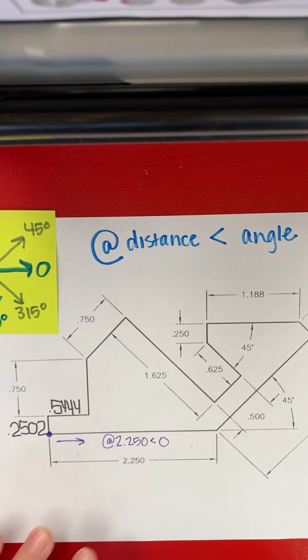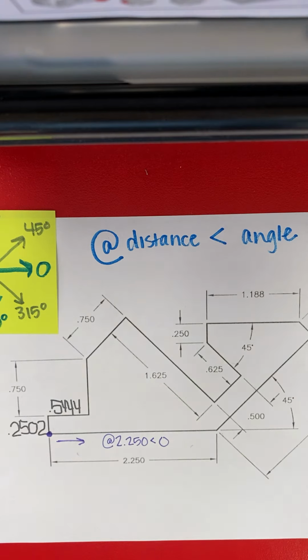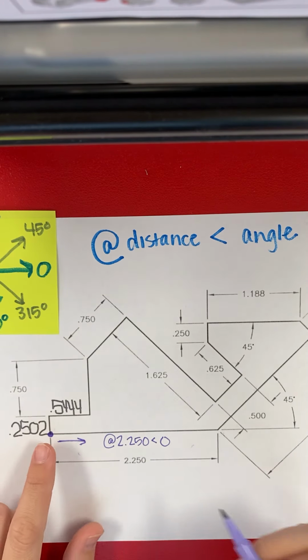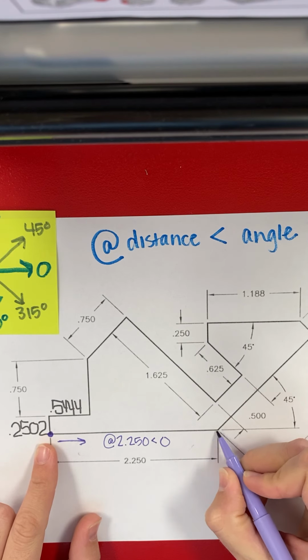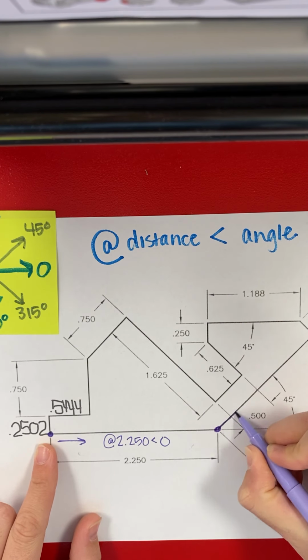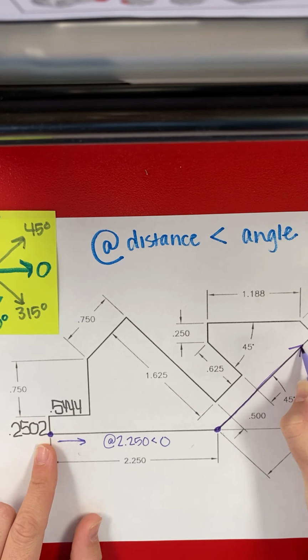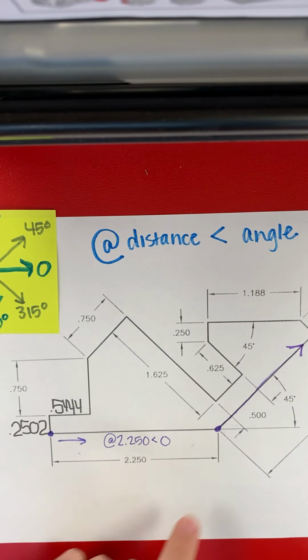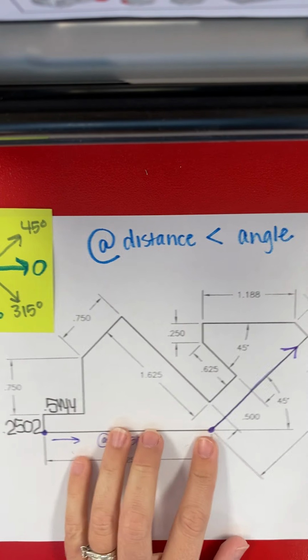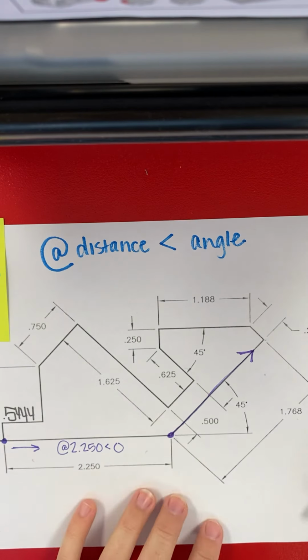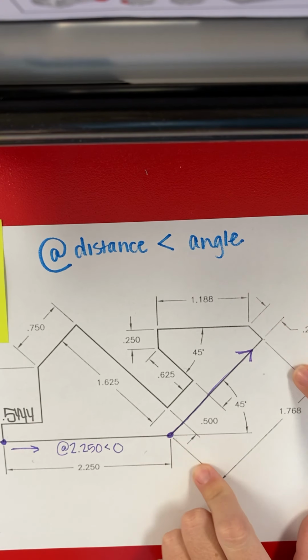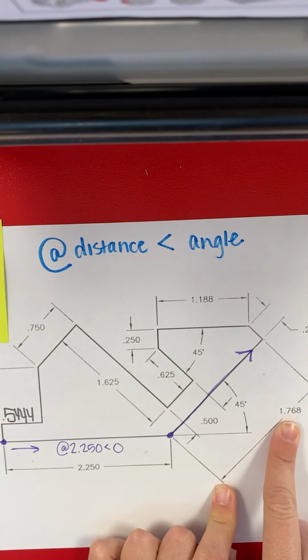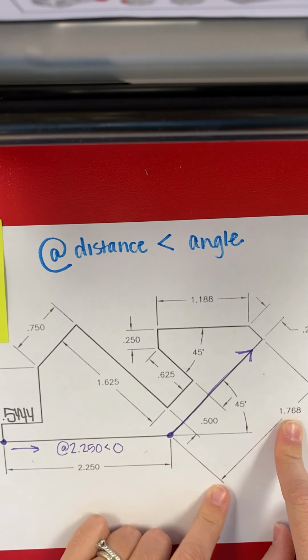Now, this is similar to relative coordinates, where we're moving from point to point. Here we have our horizontal line, and now I am going up at this angle. First I need to know how long that line is. Looking at the 2 extension lines, that line length is 1.768.